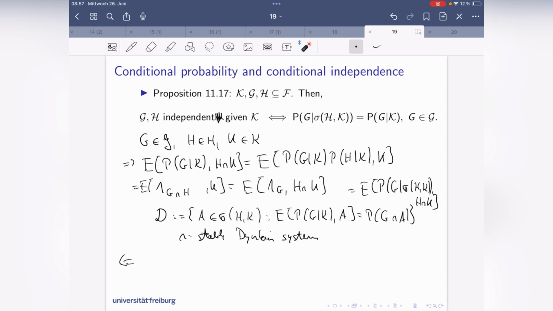And then let's go also from right to left here. So I can use the right hand side, and I want to show conditional independence.